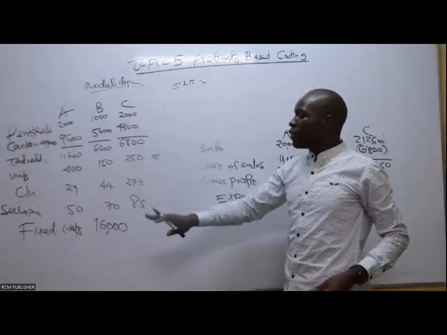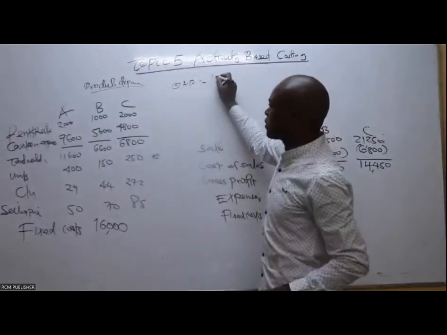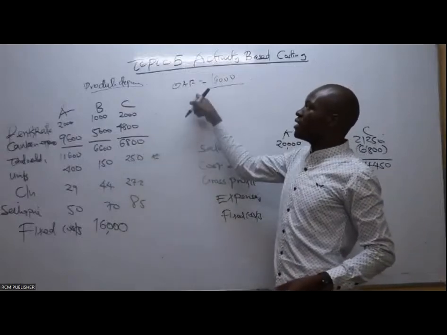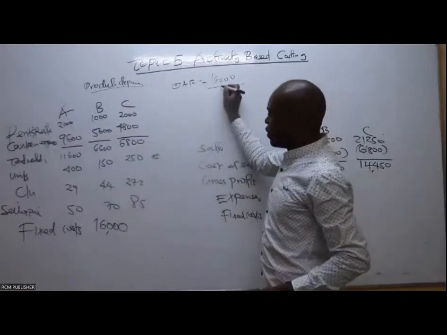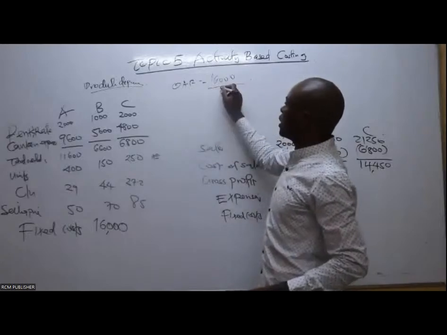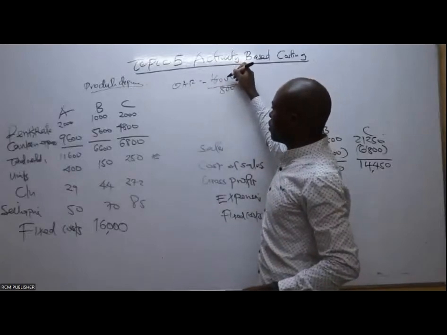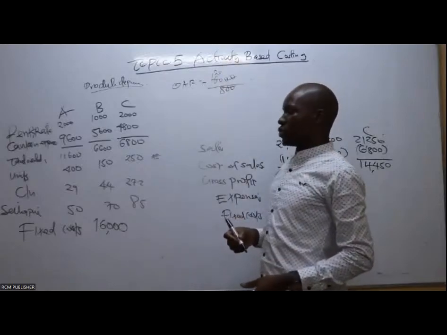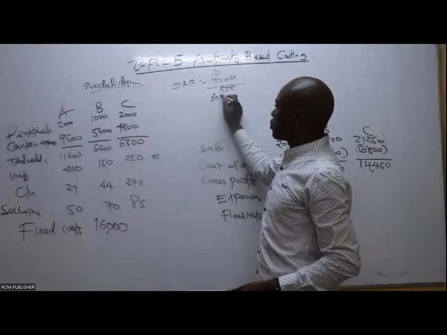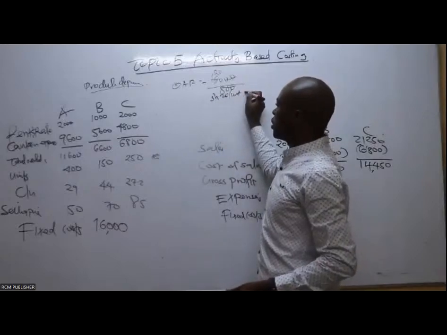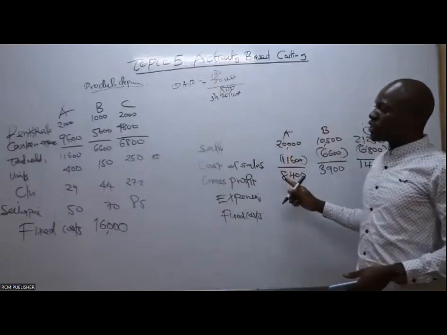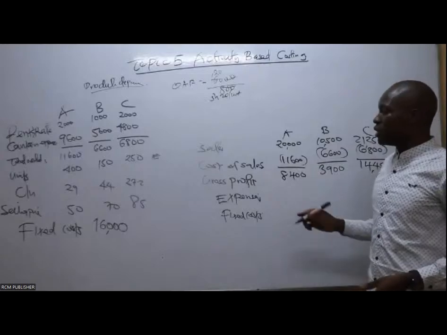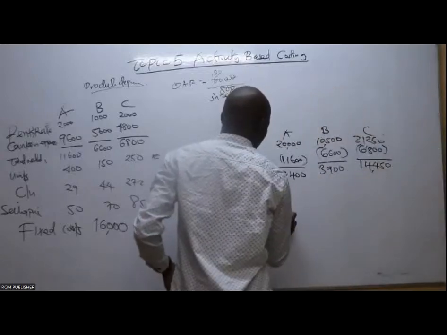Total cost, you now pick the fixed, and then you divide by the number of units of output, the activity level, which is 800. So the rate is 20, shillings 20 per unit. Department A produced 400 units. 400 by 20 will give us 8,000.